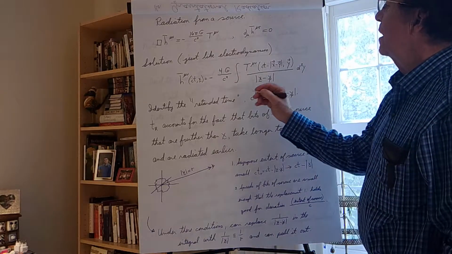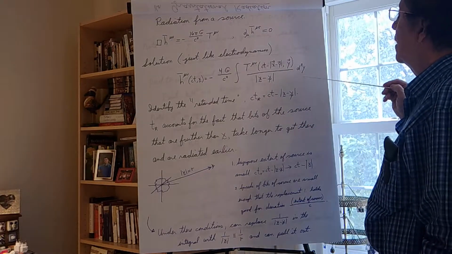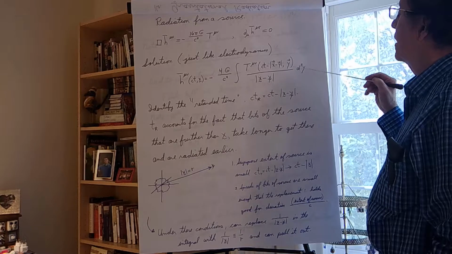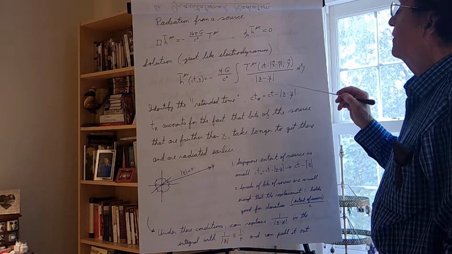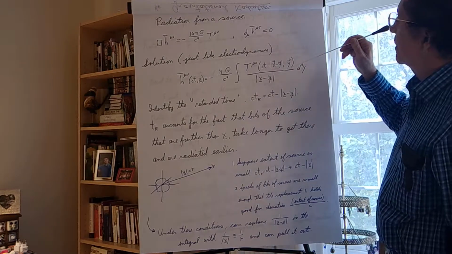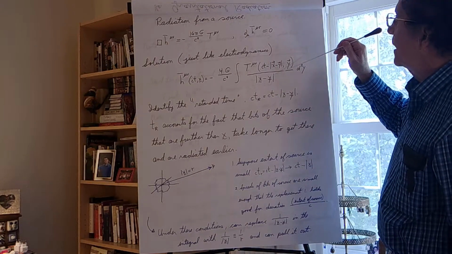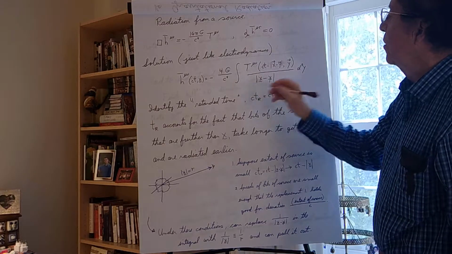So h is then an integral over the source, and each bit in the source is weighted by a factor of the distance to the source. So the little bit at y is radiating to the point x.